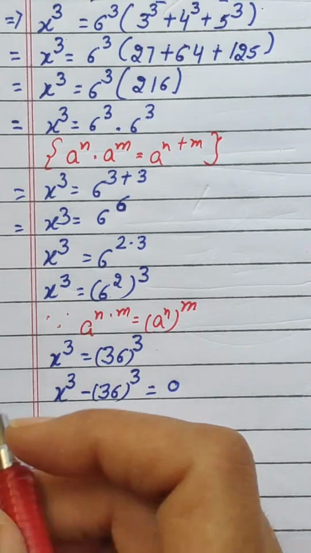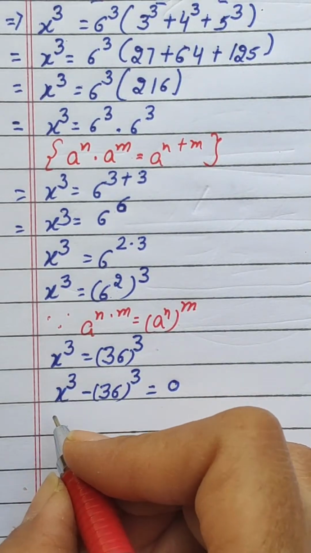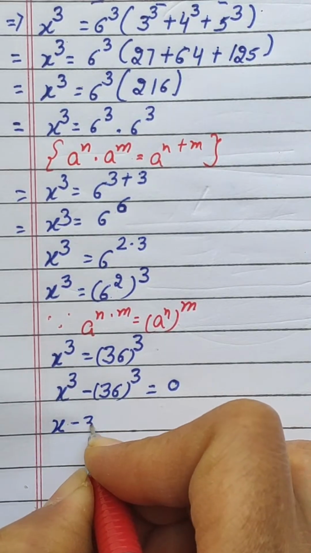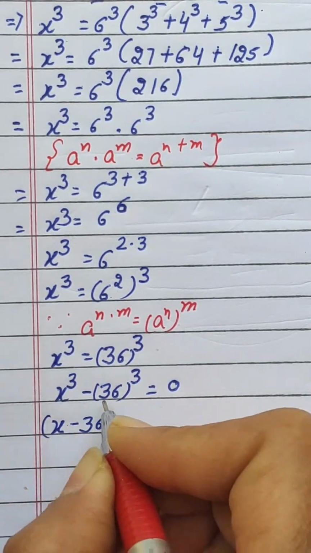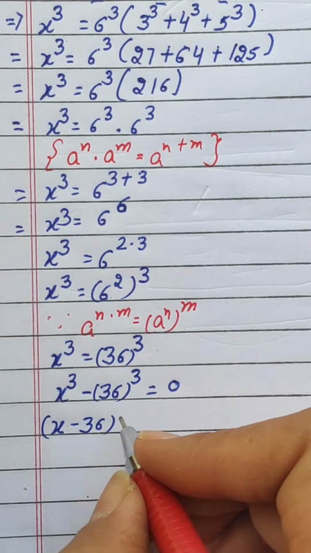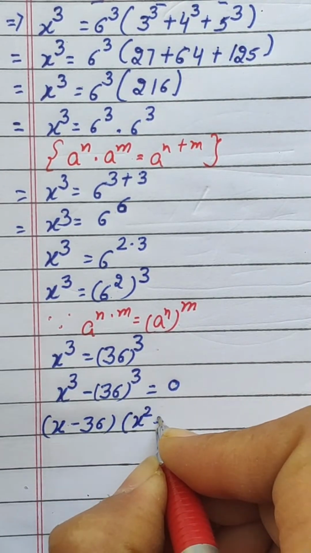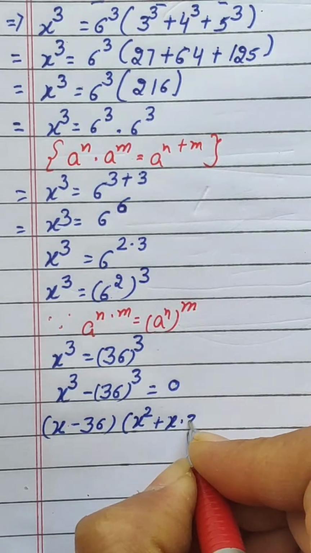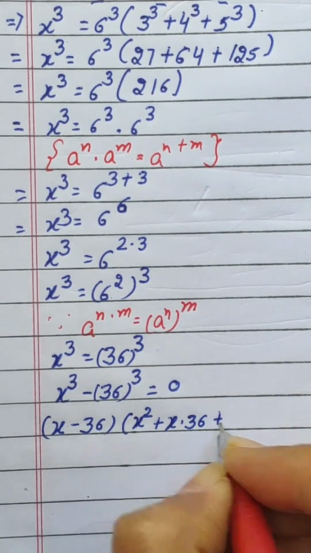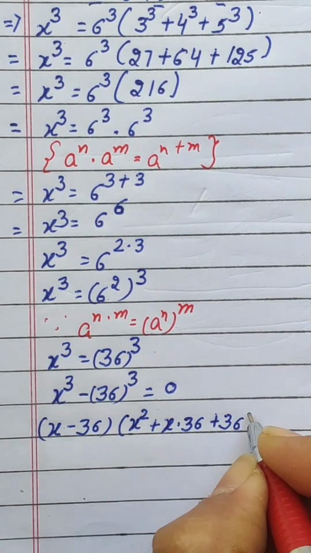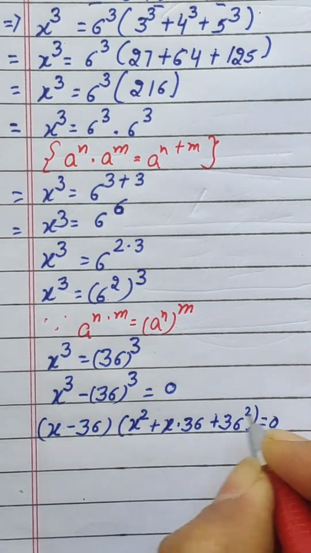So we can write x minus 36 times, this is the a cube minus b cube formula, a square plus a into b plus b square, is equal to 0.